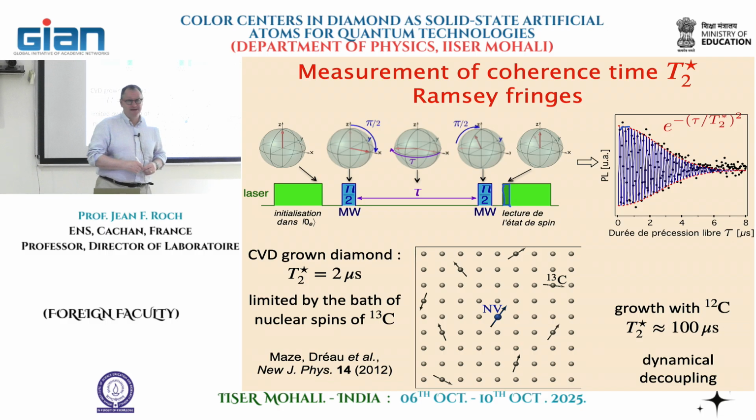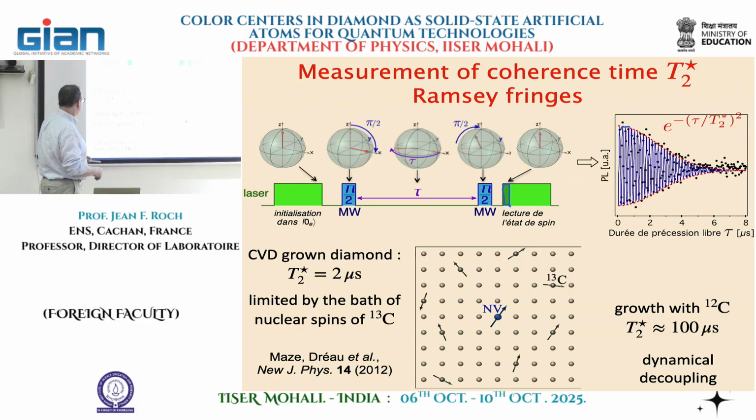If it's a single spin, then it's the jitter that will produce this effect. In practice, in CVD grown diamond, the T2 star is about 2 microseconds, and this is limited by the bath of carbon-13 nuclear spins that exist in the diamond.